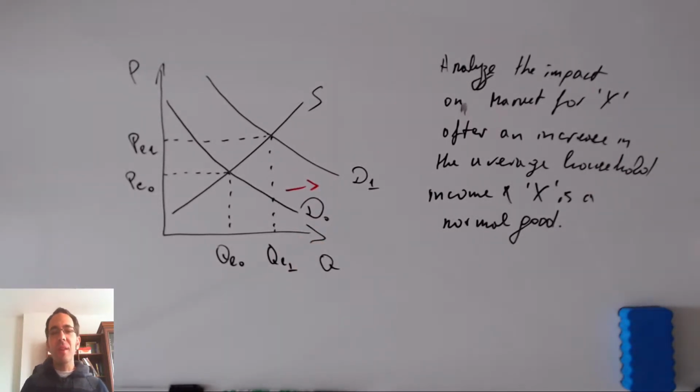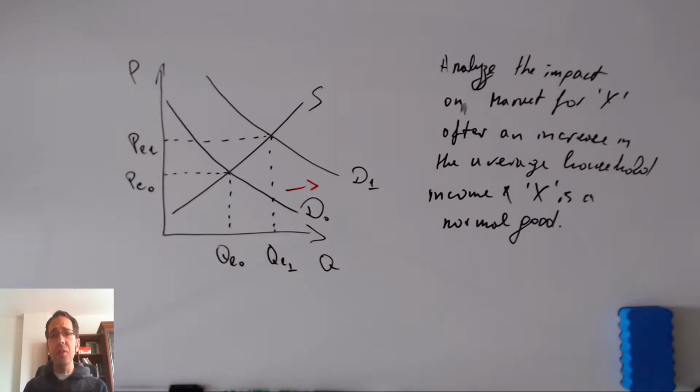And this is a good description. It's a description of what's happening to the market, but it's not an analysis. And one way to do an analysis is to compare, let's say, the market efficiency before and after, and see if the consumers and producers are worse off or better off.